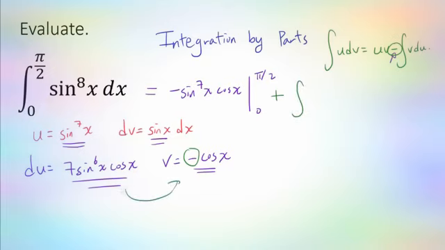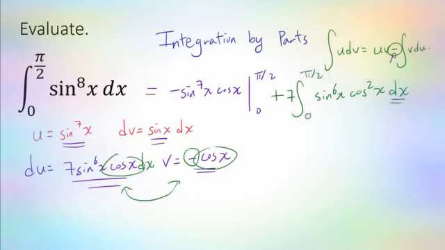When you multiply these two, we get 7 times sine of x to the 6th power times cosine squared of x dx, and of course in du I was supposed to write dx, with bounds from 0 to pi over 2. Now realize that the first term is going to be 0, because cosine at pi over 2 is 0 and sine at 0 is 0.